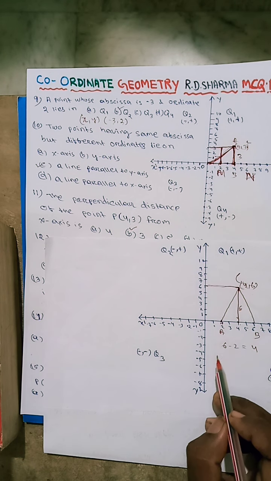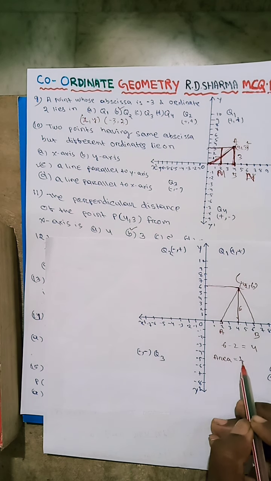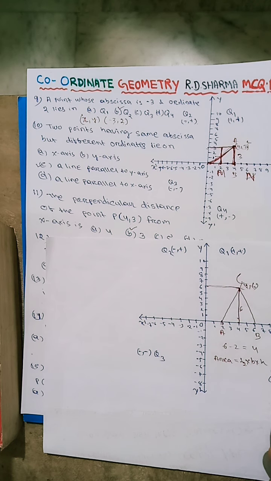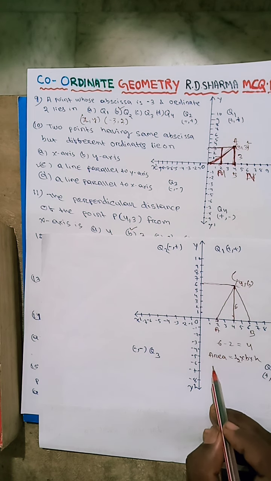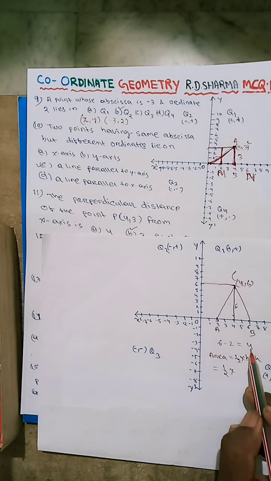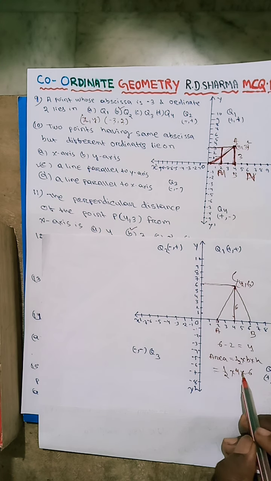So area of this triangle is equal to half into base into height. Half into base 4 into height 6.